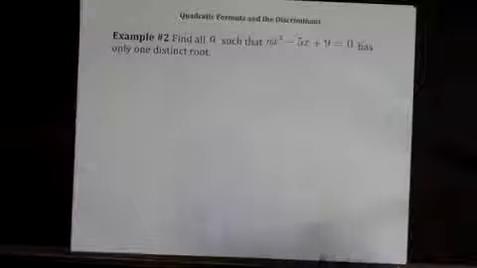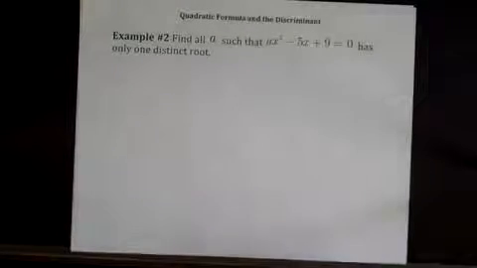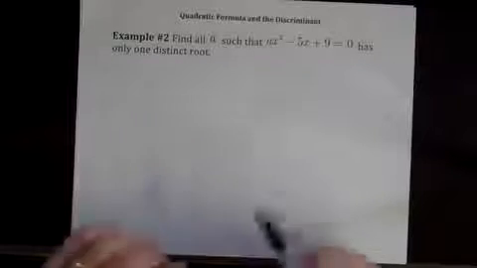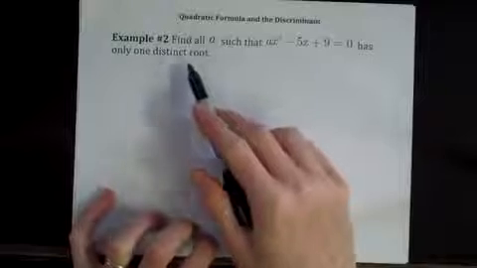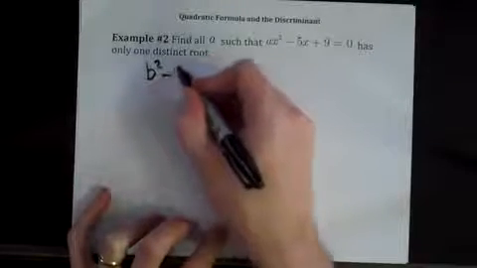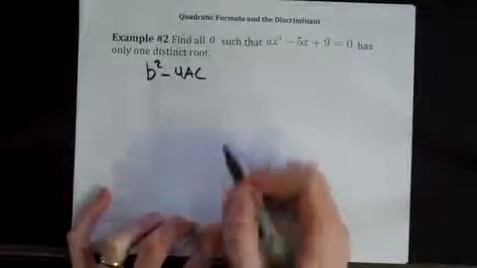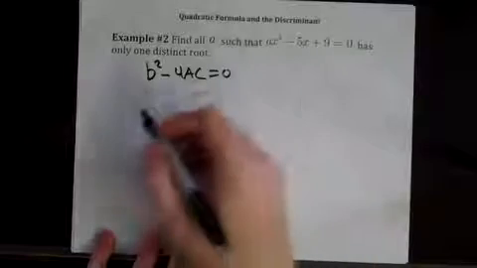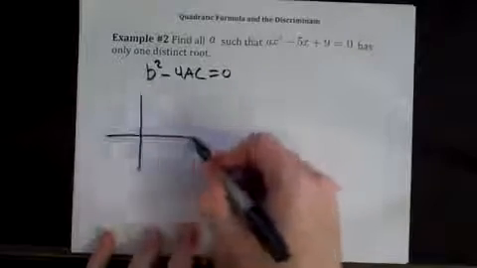Okay, we have this idea of the discriminant. Take a look at the front page of the notes and pause right now. So with the discriminant, it says we want one distinct root. Well, what that means is b squared minus 4ac will be 0. To show you what it means graphically, it would mean something like this.